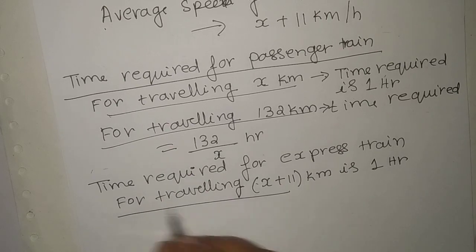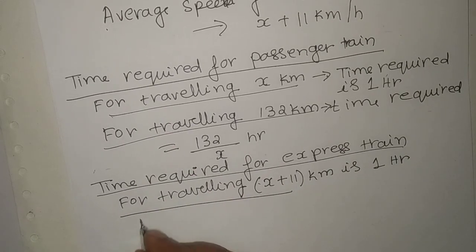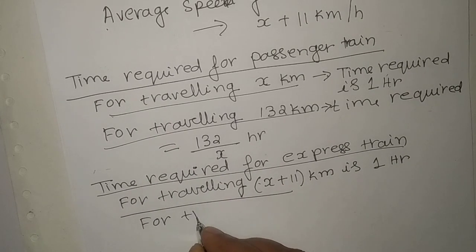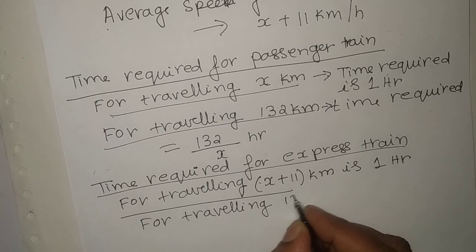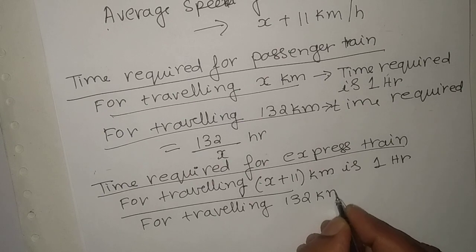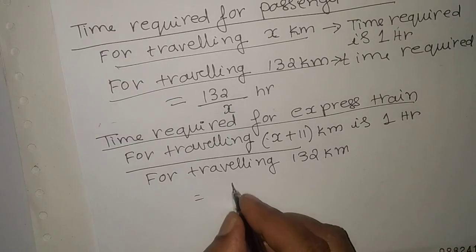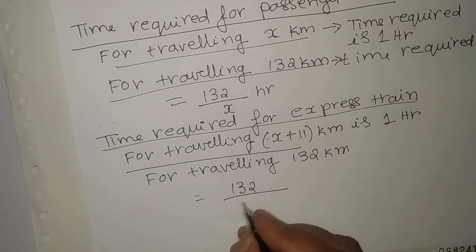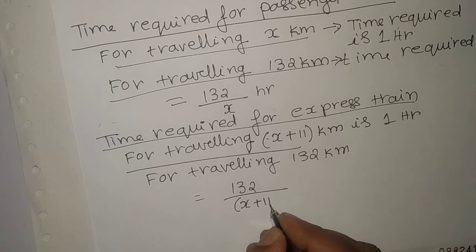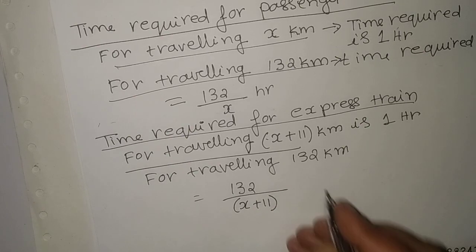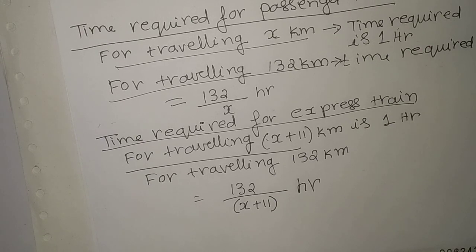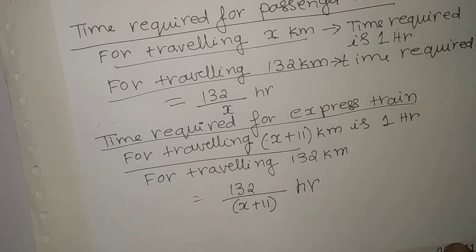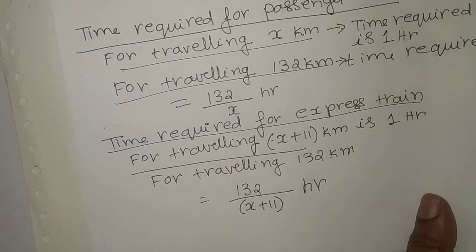So for traveling 132 kilometers, the expression is 132 by x plus 11 into 1 hour. So this is all the assumption and data given. Now we'll continue with the problem.